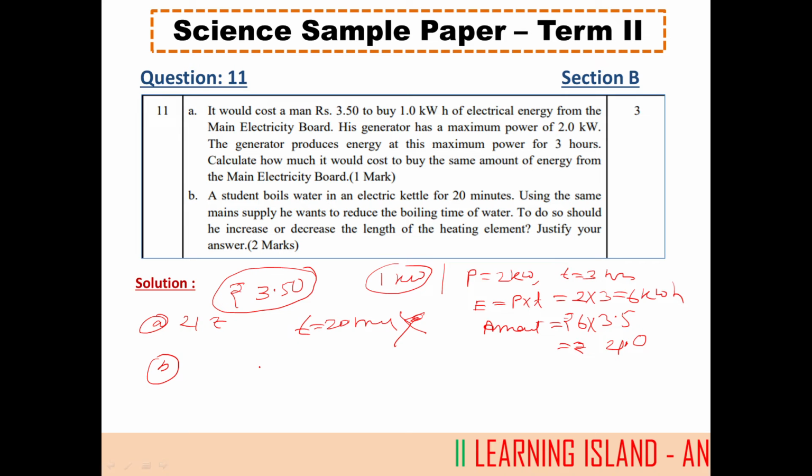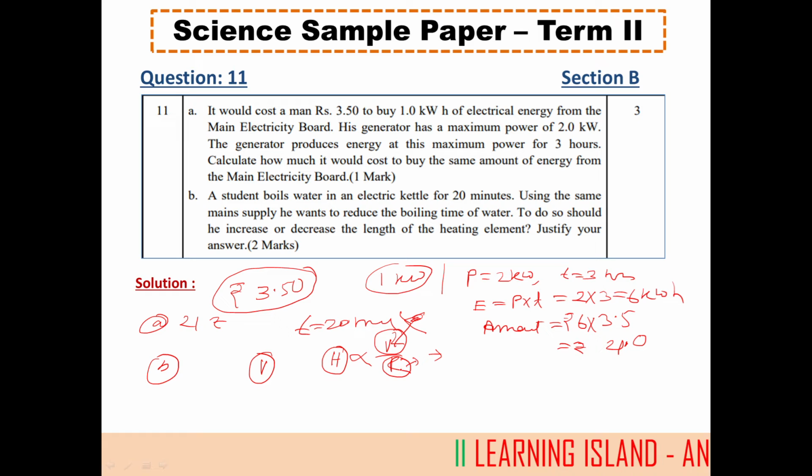Because the voltage supply is the same, to make the water hot we need heat energy. We know heat energy is proportional to V squared by R. Here V is constant and R is variable, so we can vary R. If R increases, the heat will be reduced, but we need to increase the heat.